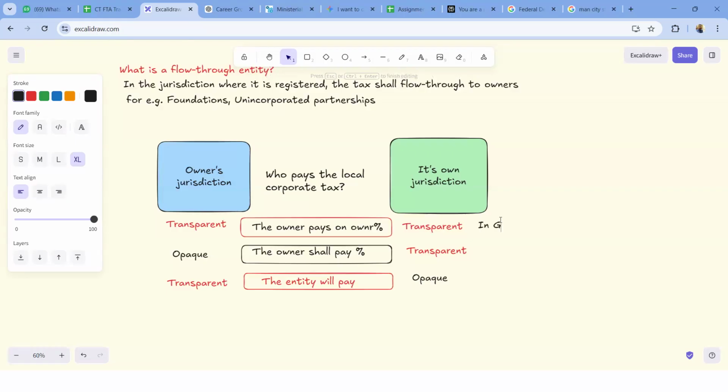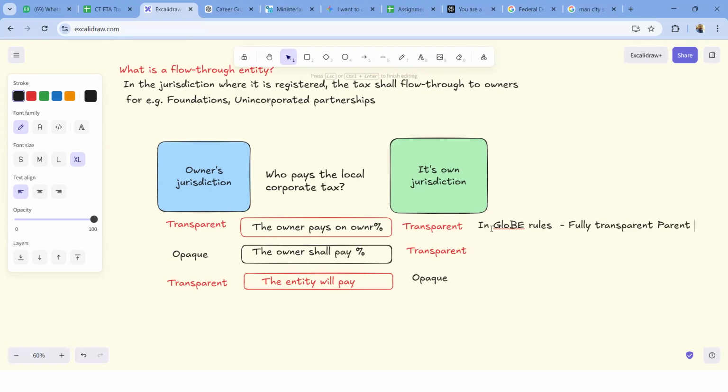In GloBE rules also, if it's a fully transparent entity, meaning it's considered transparent in both the jurisdictions, then you need not consider it as a separate legal entity for GloBE purposes also. So the income would be allocated to the parent and the tax is actually paid by the parent.